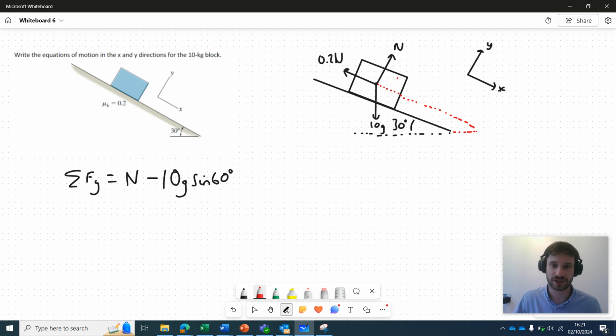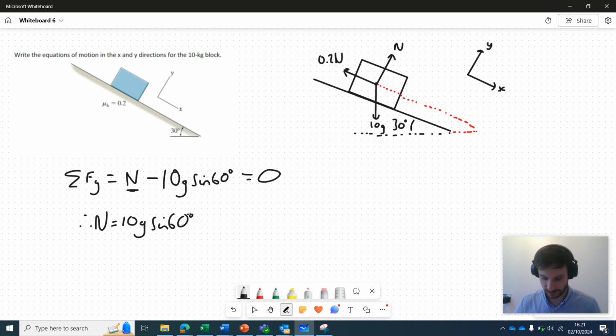Presumably, because this block isn't falling through the slope, or falling down in the y direction, and it isn't floating up into the sky because it's a balloon or anything, we can assume then that the resultant force in the y direction is 0. Is this solvable then? Well, yeah, because there's only one unknown. It's just this N here. So we could say that therefore N is equal to 10g sine 60, which when I bung into my calculator, gives me 49 root 3.